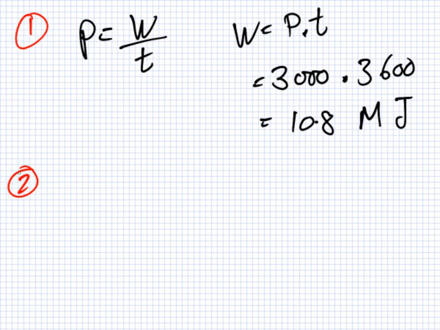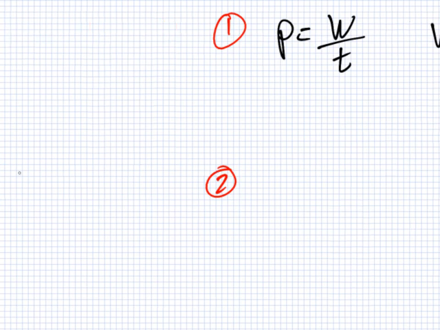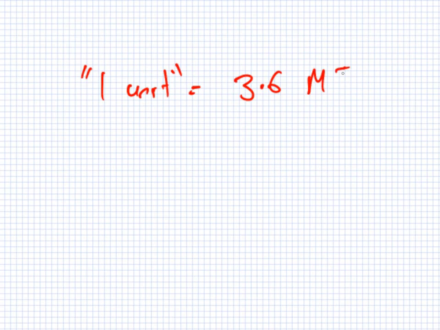You get electric bills. So just as a matter of interest, when you look at your electric bill, they use something called 1 unit of electricity. So 1 unit, if you want to know what that is in physics, that is 3.6 megajoules.